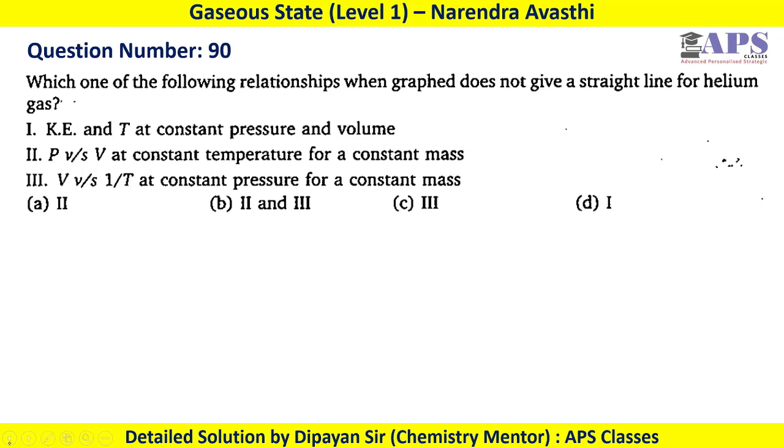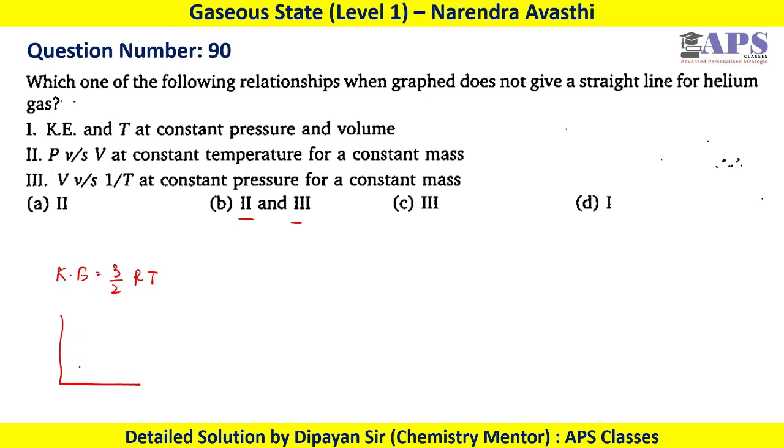In question number 90, which of the following relationships, when graphed, does not give a straight line for helium gas? So the correct answer for this question is option B, that is 2 and 3, because kinetic energy is nothing but 3 by 2 RT or 3 by 2 kT.